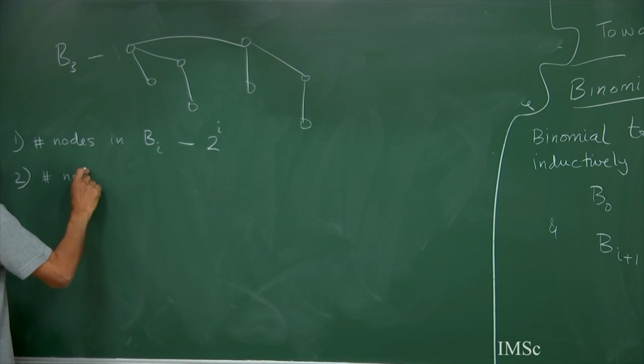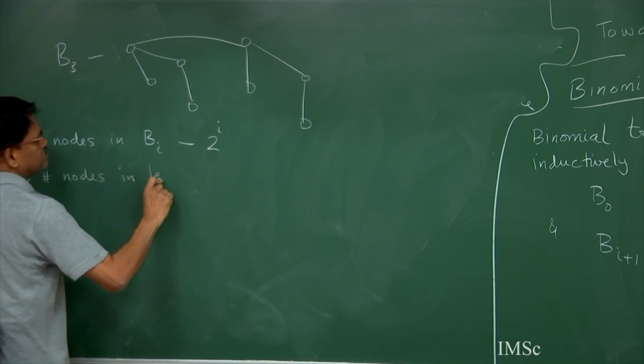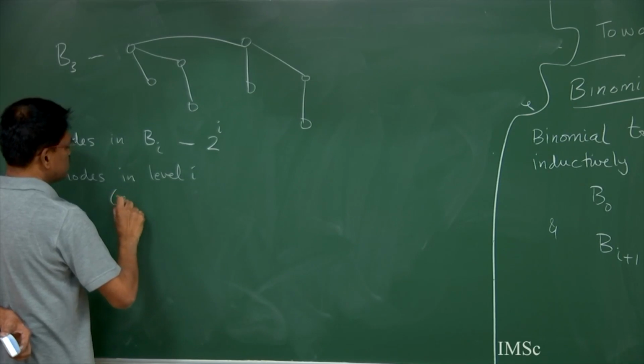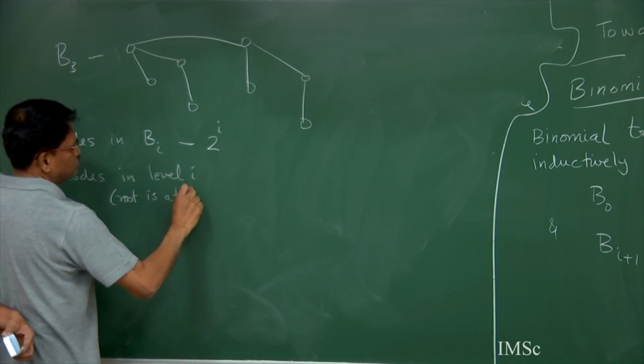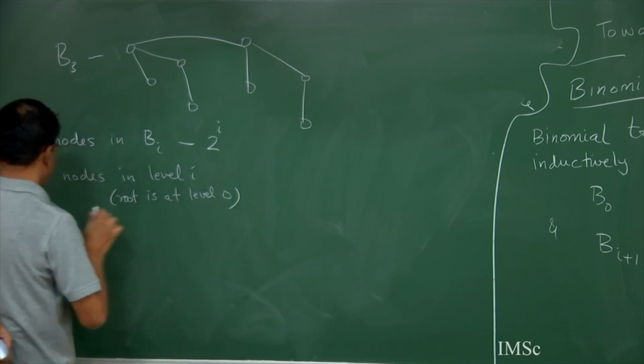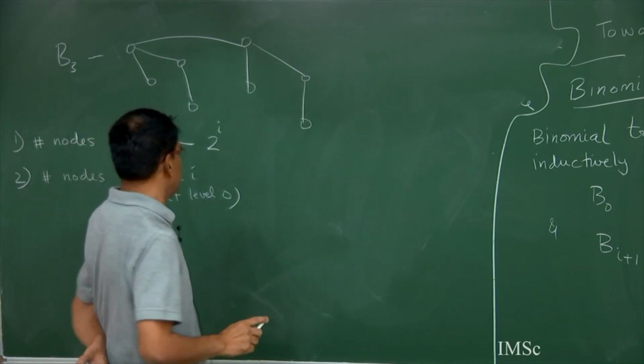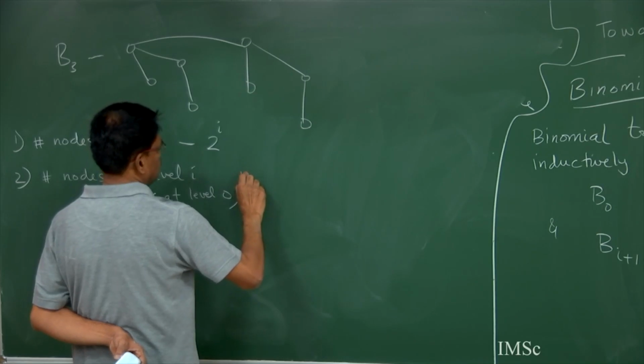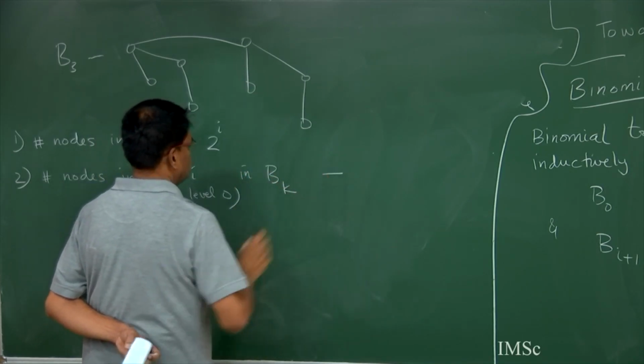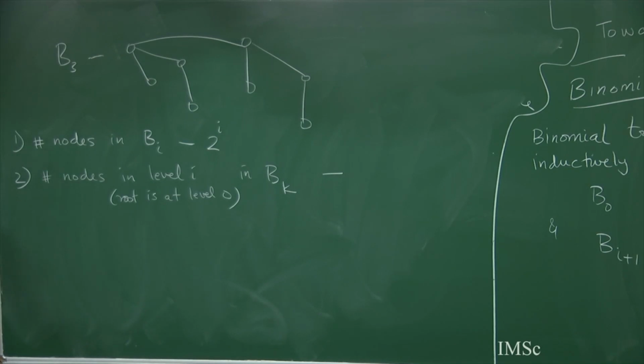Number of nodes in level i. Okay, so the root is at level 0. So let me just, in Bk. Let's do some example.